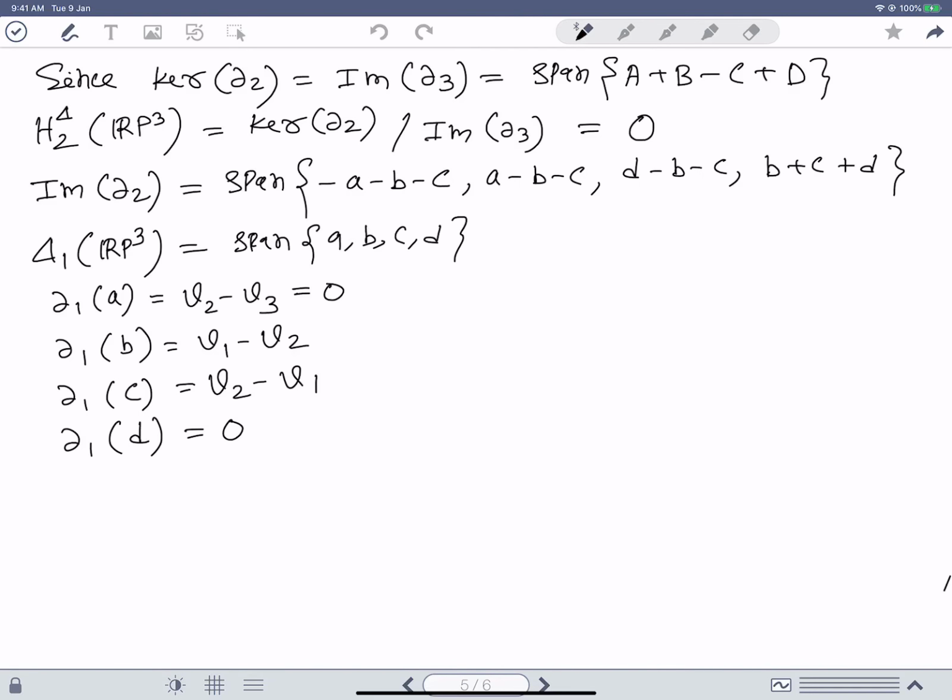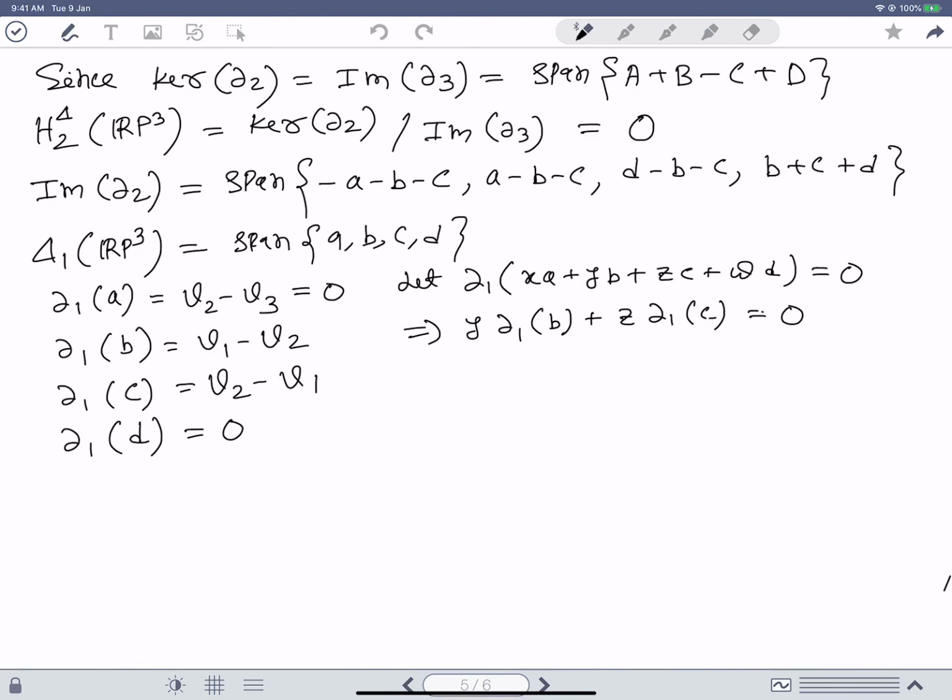So first of all, let del 1 of XA plus YB plus ZC plus say WD equal to 0. Now that implies, since del 1 of A and del 1 of D will be 0, therefore we will have Y del 1 of B plus Z del 1 of C equal to 0, right?